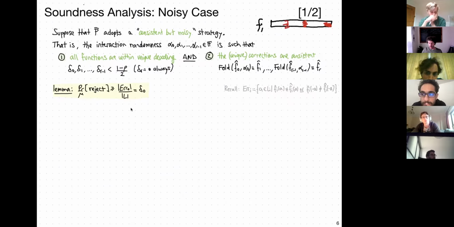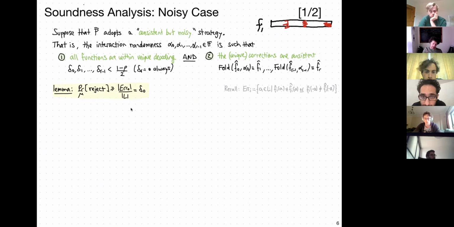And so the error set would be all of these points where the function doesn't agree with its correction, but it's done in this coset structure. So it's enough that it happens with x or with minus x.